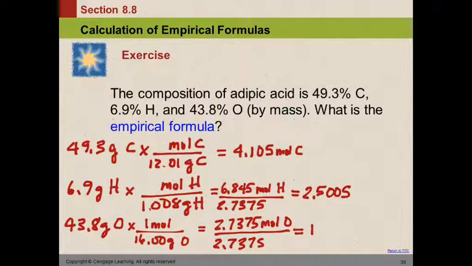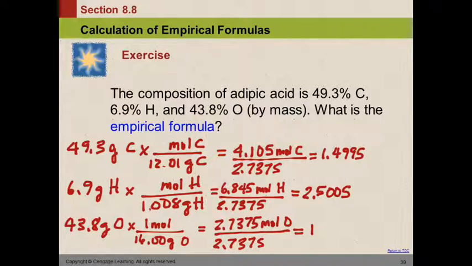I throw those extra digits out there just to show you that it came out really so close to 2.5. 4.105 divided by 2.7375. And this one comes out to 1.4995.